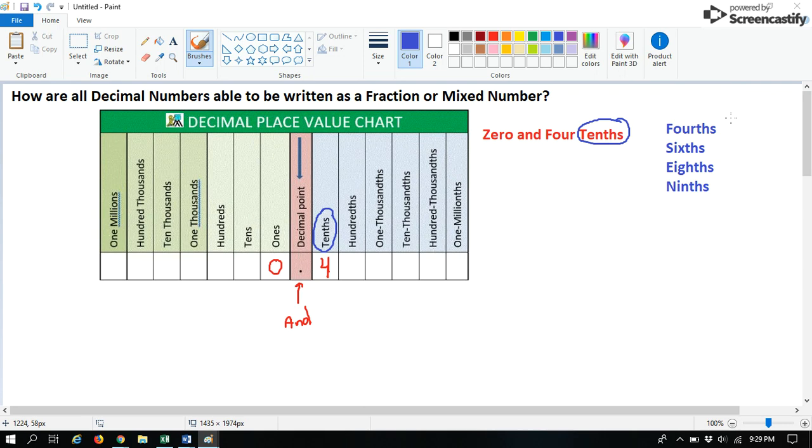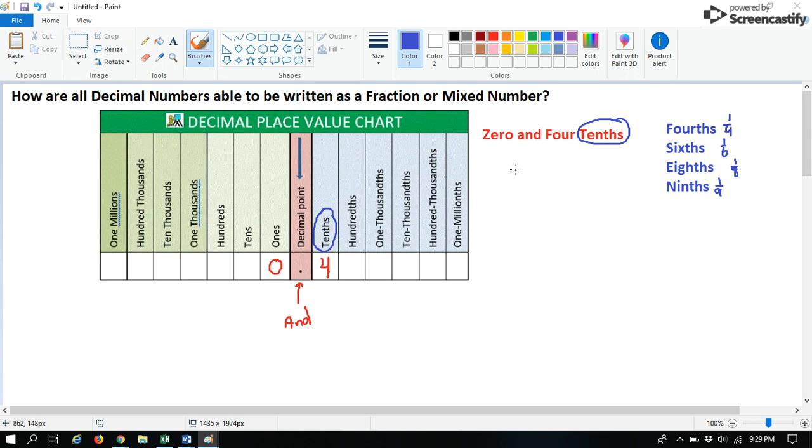If you have 1 out of 4, you have fourths. If you have 1 out of 6, you have sixths, or eighths, you have 1 out of 8. And ninths, we have like 1 over 9. That represents ninths, one out of 9, or 1/9, which is a unit fraction. And again, there's the word unit, so we have ninths. Well, tenths also ends in THS.